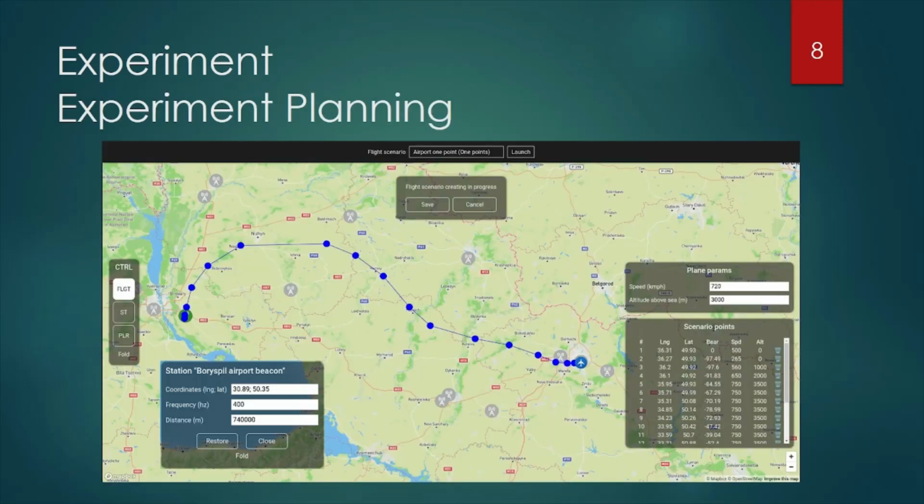Before carrying out experiments, a beacon placement should be created and a route of aircraft flight constructed. The interface shows the beacon parameters and the corner points with plane parameters there. There is support for many-point scenarios, 2-point and 1-point scenarios.